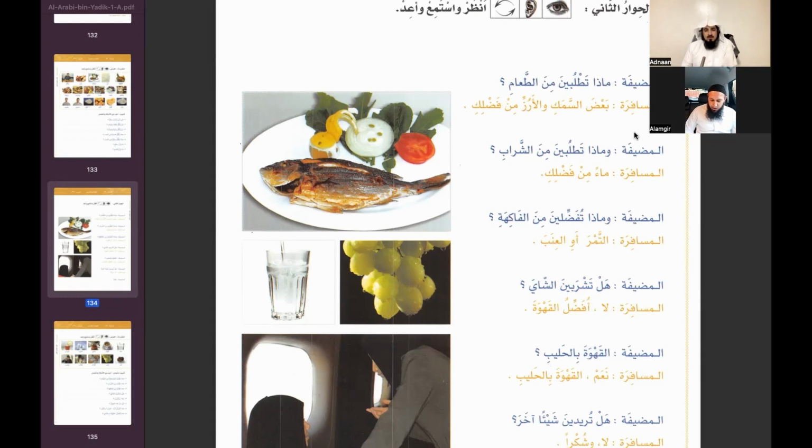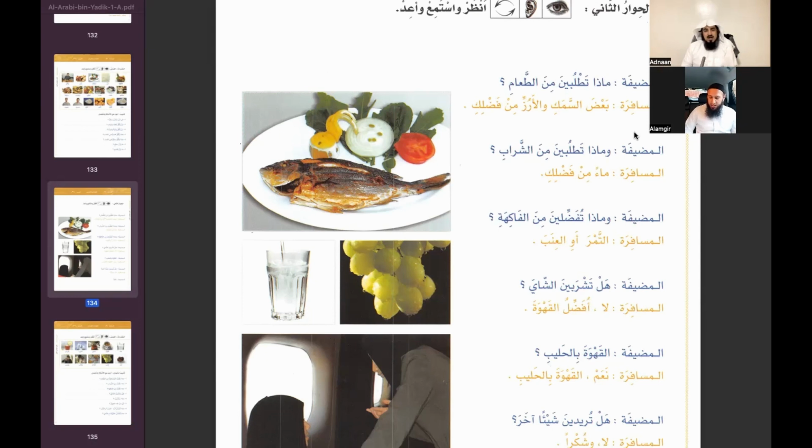And what do you prefer for fruit? Tufaddileena means what would you prefer? What would you like for fruit? Dates or grapes.